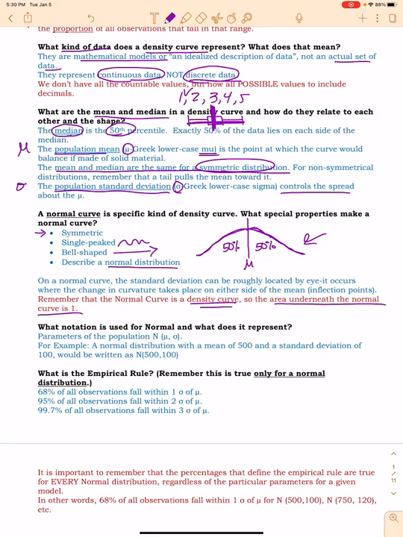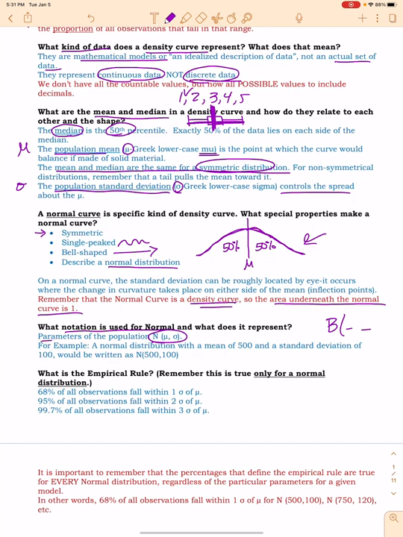Okay, so how do we write the notation for a normal distribution? Well, remember, we've already talked about binomial and geometric distributions. And remember what we used for binomial? We used a big B, and then the mean and standard deviation in the parentheses. We do the exact same thing for the normal curve. It's just now we use a big N because we're dealing with the normal curve.